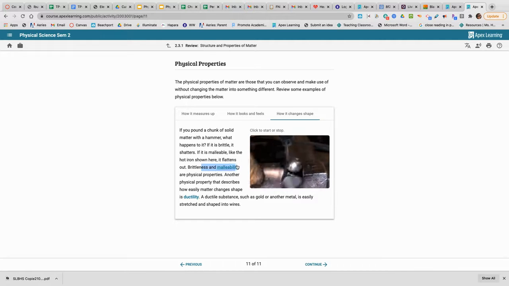Is it malleable? And is it ductile? Ductile means it can be stretched and shaped into a wire. Like copper or gold, those are very ductile substances. You can roll them into a wire. Malleable is just how bendy is it. So those are physical properties.